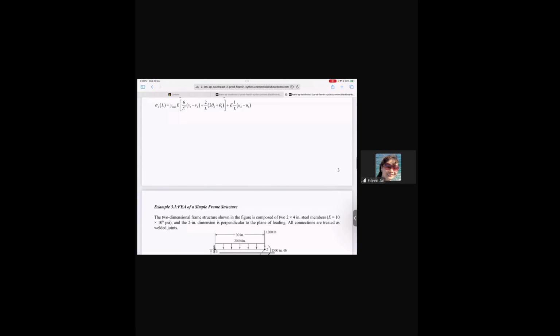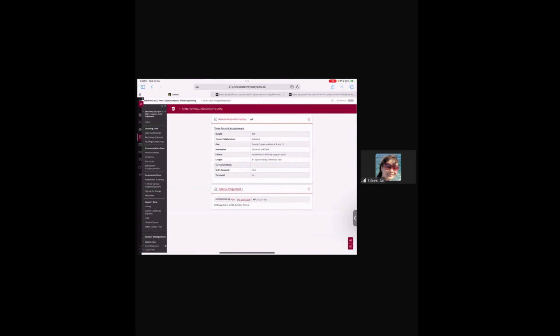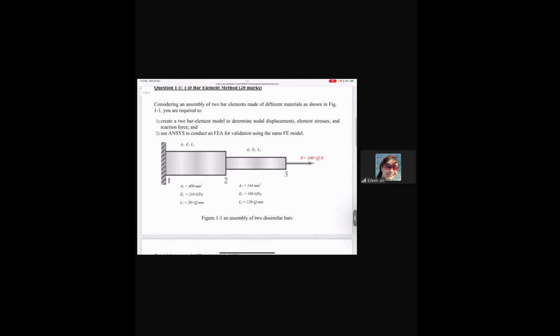And our first tutorial assignment includes 3 questions. The first 2 questions are about the bar and the truss element, and we already practiced that last week, right?